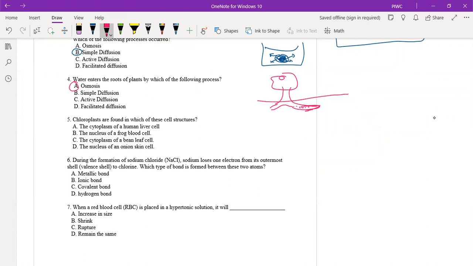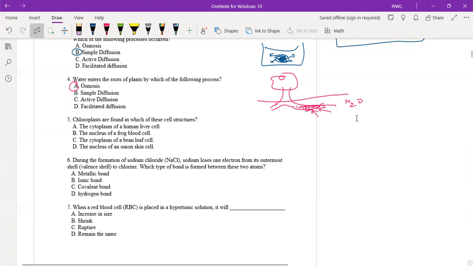So the cell membrane acts like a semi-permeable membrane, and that separates the high concentration here, hypertonic, and then there's water around this, and the ground is hypotonic, right? So water flows from hypotonic solution to a hypertonic solution through a semi-permeable membrane, and that is osmosis. Correct. Okay. All right, number 5.